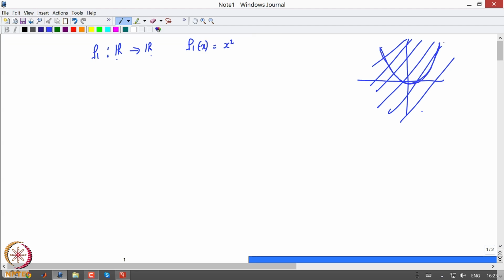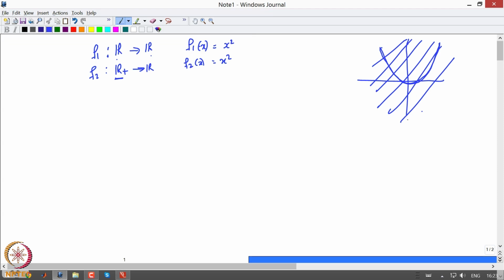Okay, I can do something else also, right. If I define this as, say, R plus to R, such that again the definition would still be the same, f2 of x is x squared. So I am restricting my domain now. When I say R plus, I am just talking of numbers greater than or equal to 0.